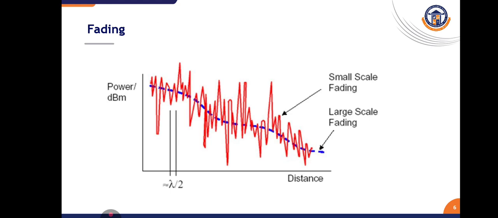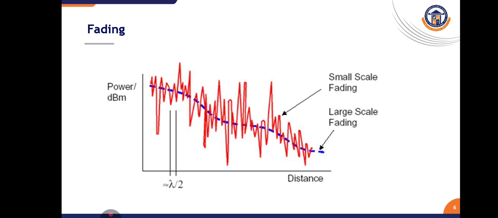So there's one graph for the fading. We can see the small scale fading and the large scale fading. Large scale fading is represented by a smooth dashed blue line, and shows the average received power decreasing with the distance because of path loss due to distance and shadowing from large obstacles.